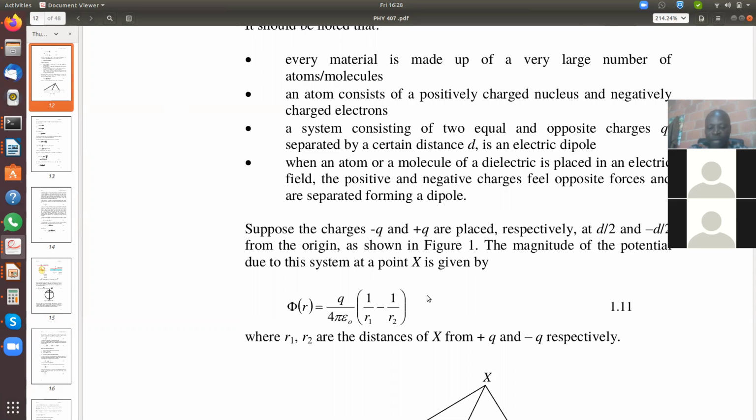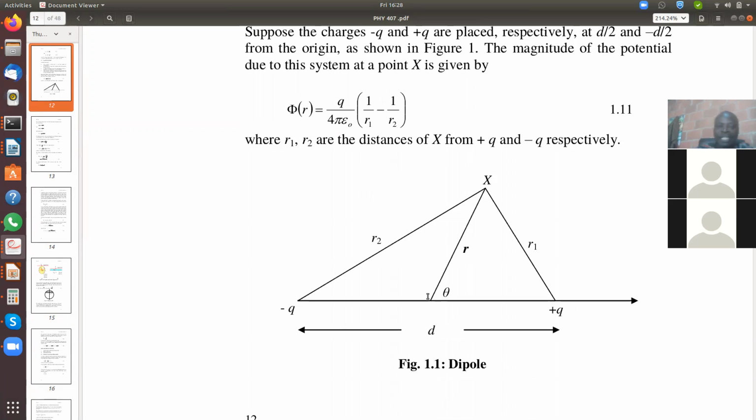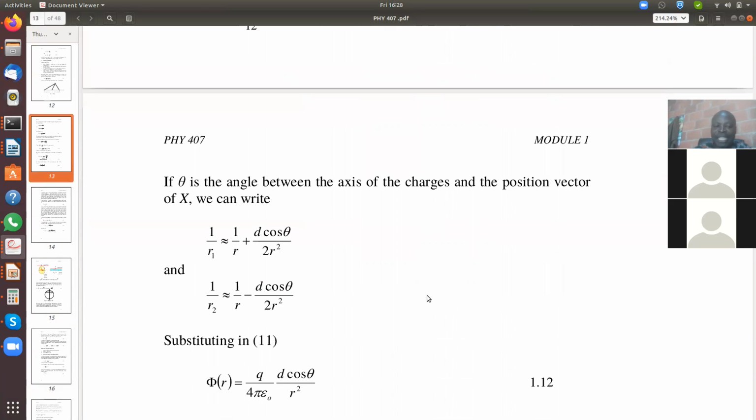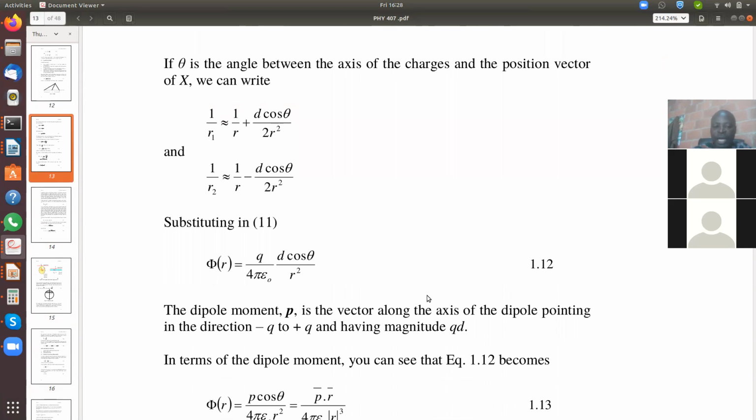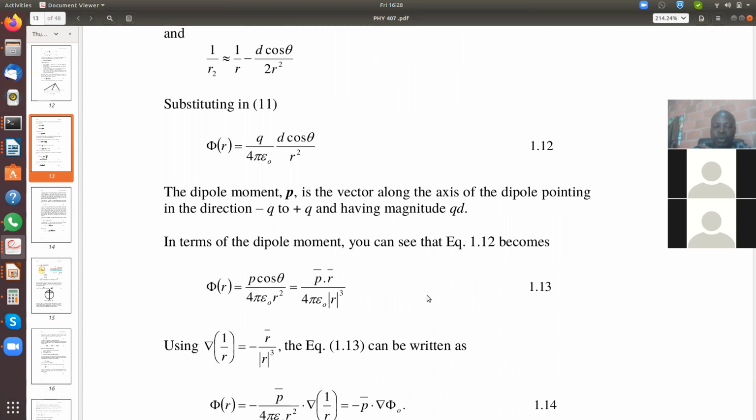So now since we have P, Q, and that's dq, that Q is now the dipole moment. So we now have this. This multiply this, D and Q will be P, which is what you have here. Then cos theta over R, this one is a constant, then R squared, this. But if you look at this expression now, if you take the gradient, the grad of 1 over R, it will give you this.